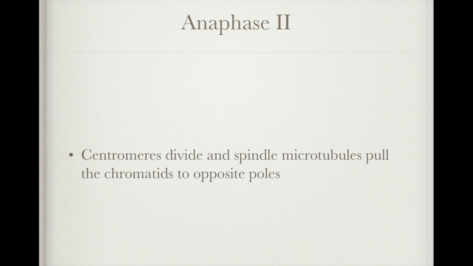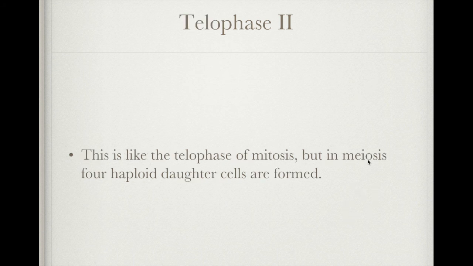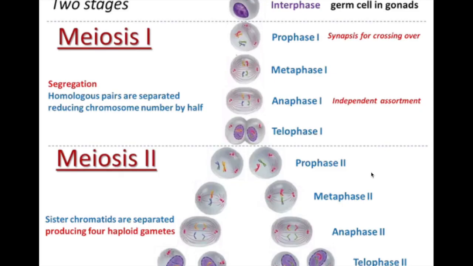Like in mitosis, I didn't put pictures here because I covered them in mitosis. Go and watch them there. And in telophase 2, like in mitosis, 4 haploid cells are formed. Here is a diagram to show you what's happening. I want you to know that meiosis 1 happens in 1 cell, but meiosis 2 happens in 2 cells at the same time, so I get 4 resulting cells.